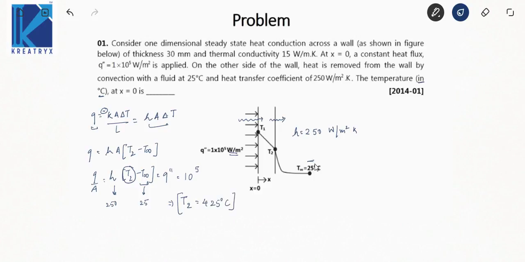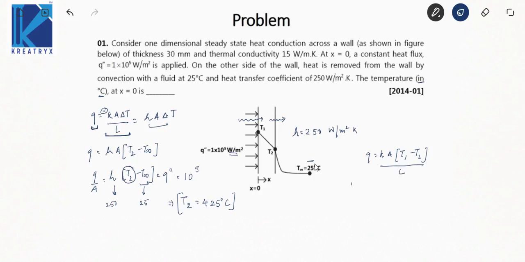Now comparing this with heat transfer rate through conduction. So Q is equal to kA (T1 minus T2) by L. I have adjusted the negative sign.